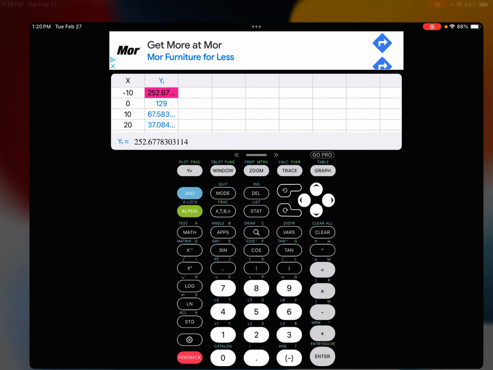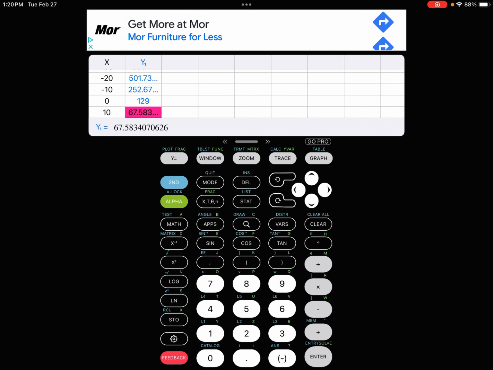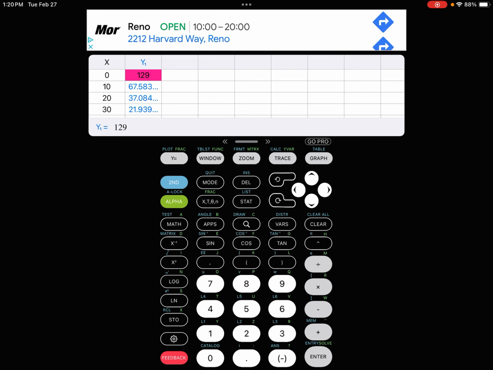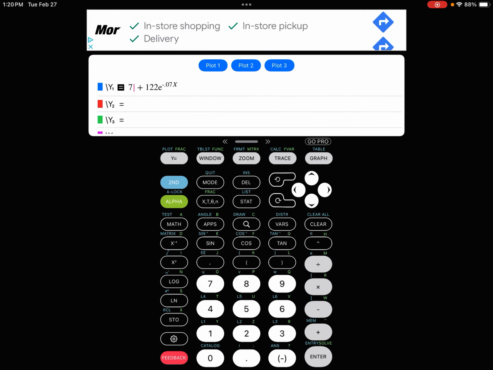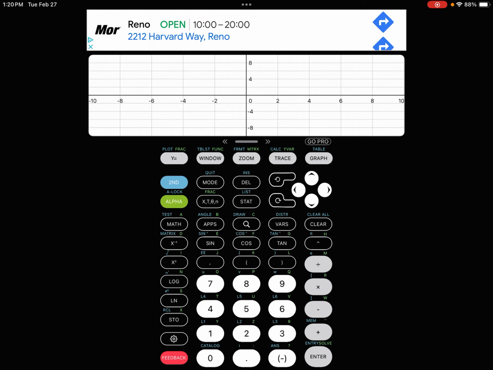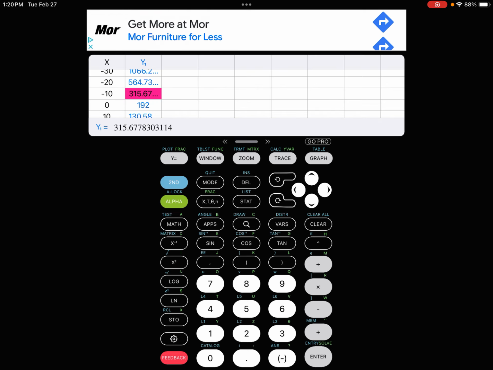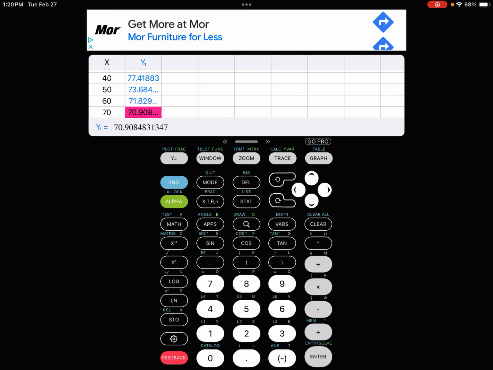We can look at our table and just kind of see as we scroll over time. Oops. Did I mess up my graphing? Yep, I messed it all up. That was supposed to be 70. All right. Should be approaching 70 over time.